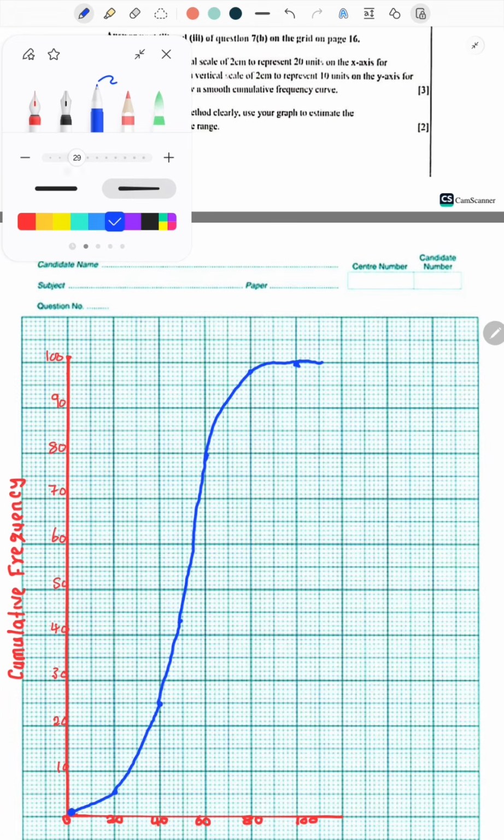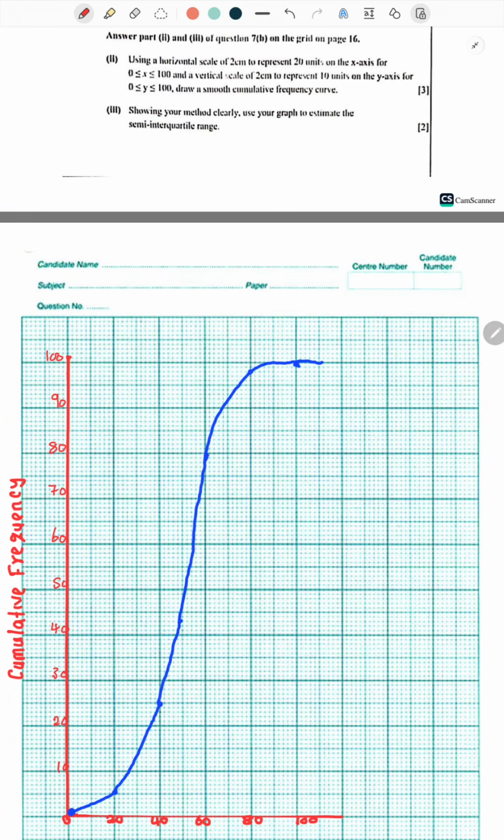Now, the next question is asking you, showing your method clearly, to use your graph to estimate the semi-interquartile range, which is equal to 1/2, open bracket, third quartile minus first quartile.